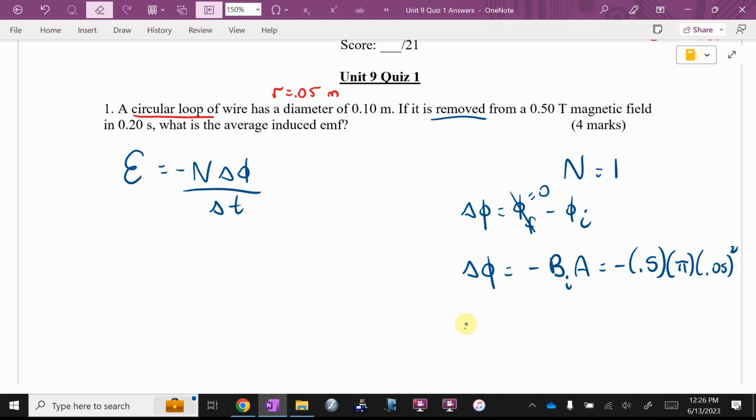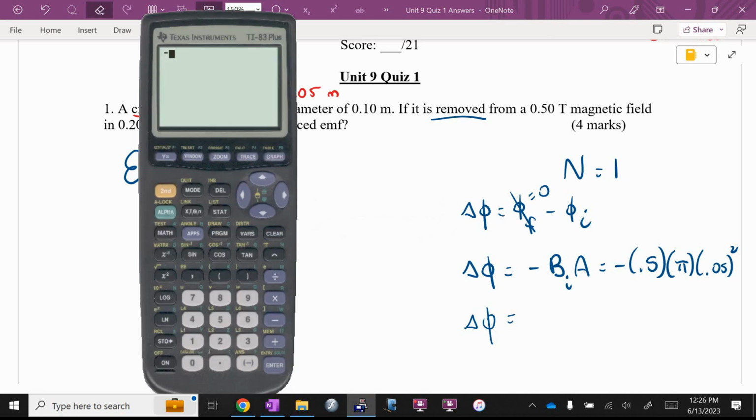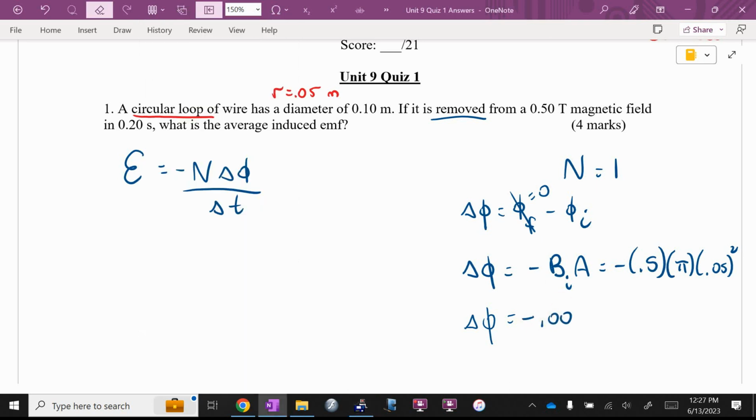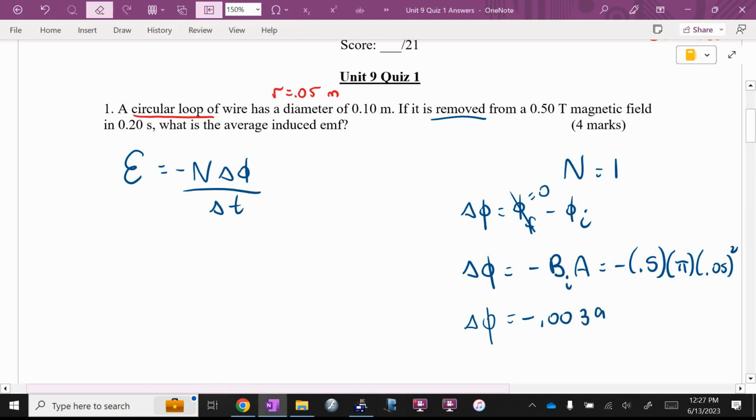I'm going to get a change in flux of, I have no idea, negative 0.5, that's a pretty strong magnetic field, times pi times 0.05 squared. Negative 0.0039, and I'll use my answer button.